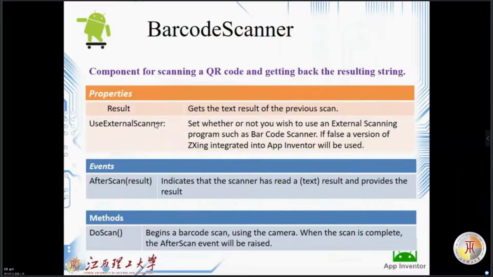This sensor has one event, which we call AfterScan, which returns the result for us. DoScan begins a barcode scan using the camera, and when a scan is complete, the AfterScan event will be raised.